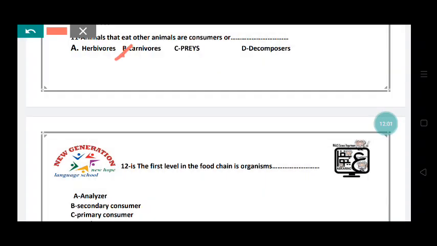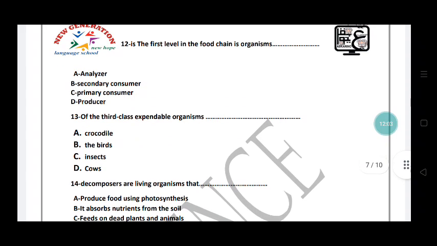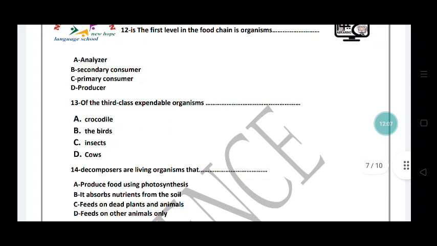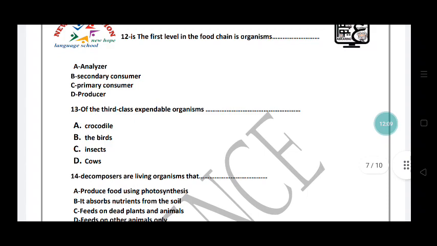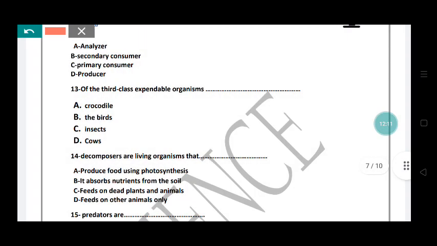Carnivore, yeah. Okay. The first level in the food chain is the producer.